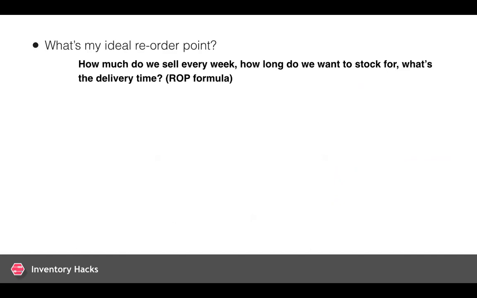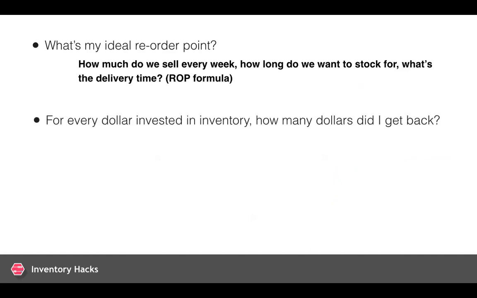Now, the second thing is, for every dollar invested in inventory, how many dollars did I get back? So for each product, we could say the store earns $1.92 for every dollar in inventory.